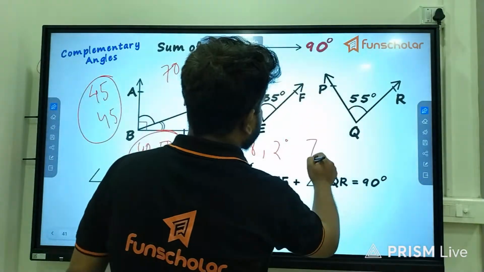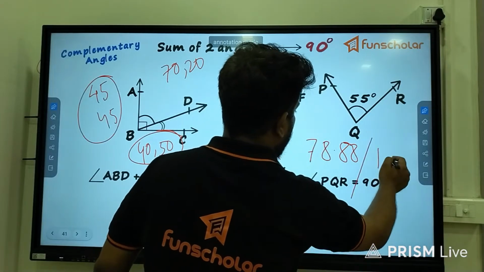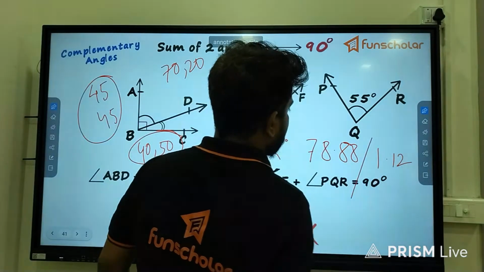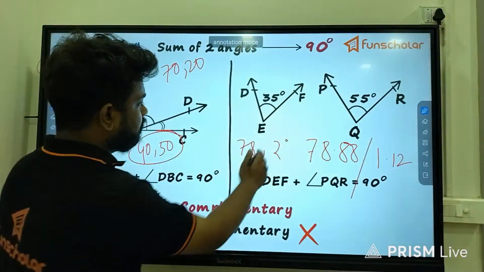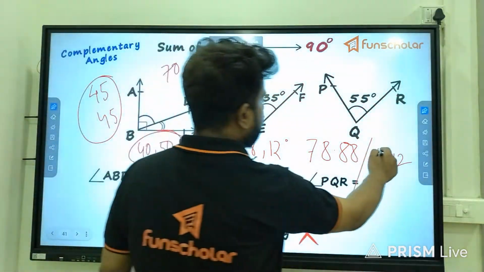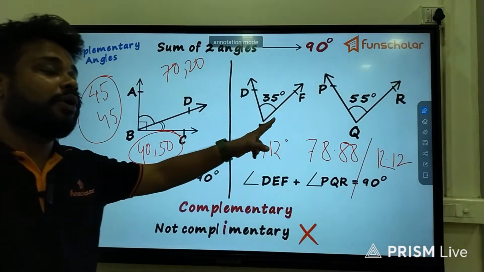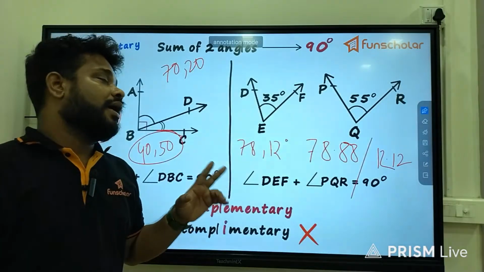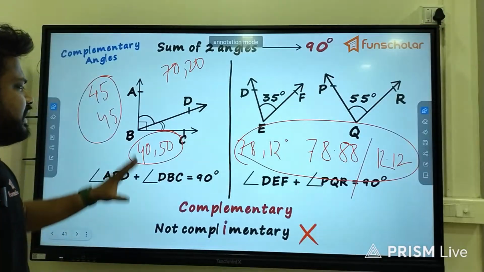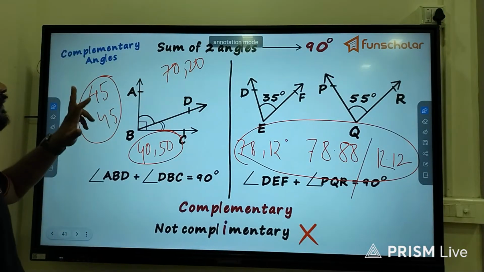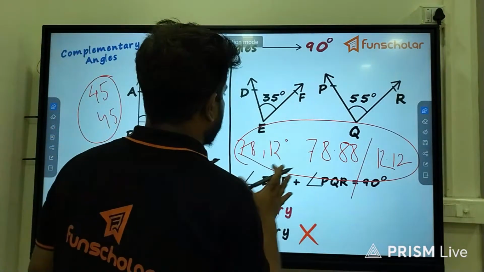I can also take something like 78.88 and 11.12, and they will also form a complementary pair, but these are not proper examples here. The proper examples are 70 and 20, 50 and 40, 45 and 45. These are the proper pairs.